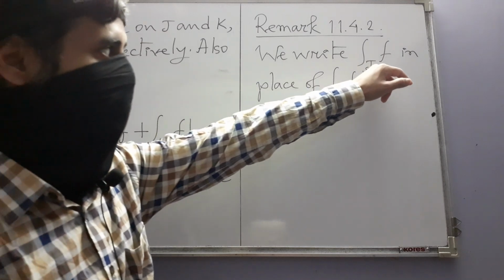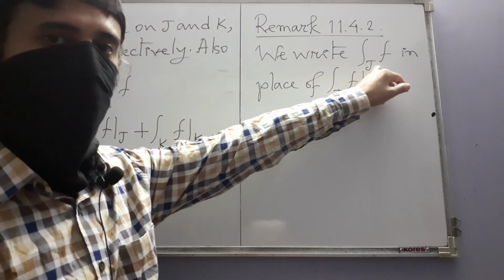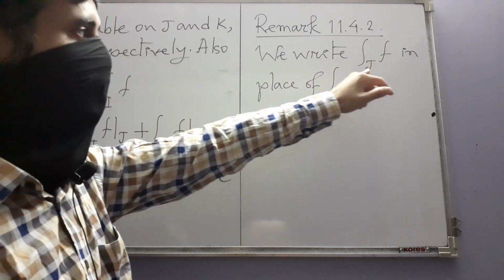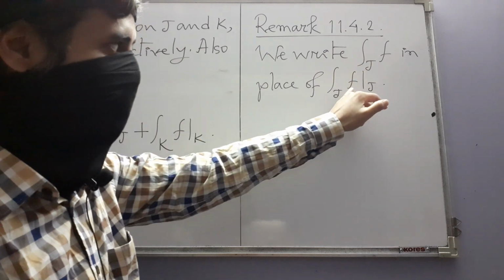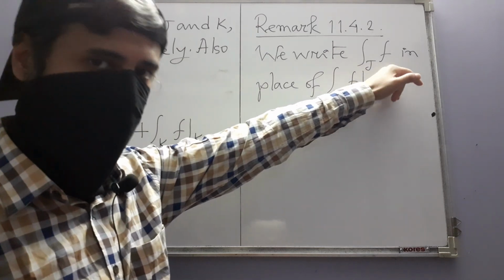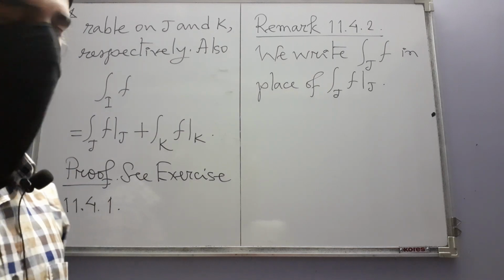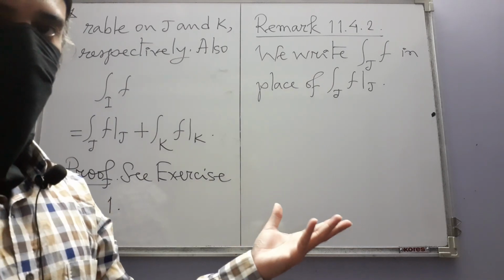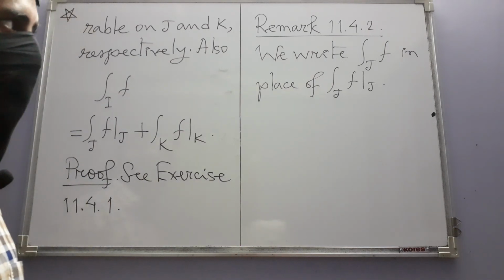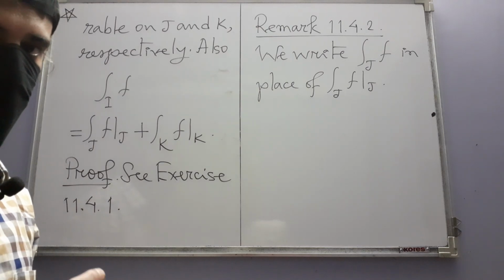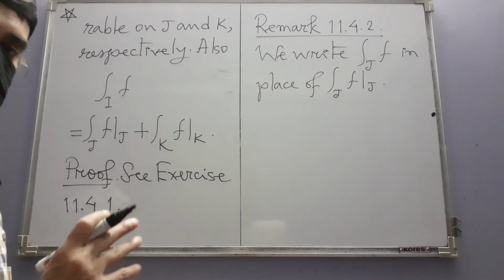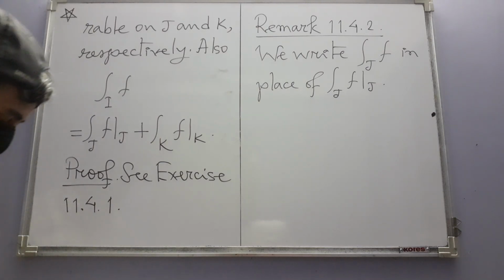But when you are restricting the domain from I to j, it is to be understood that we are actually considering the restriction of the given function f to that smaller subinterval. And there is no possibility of any confusion. And the notation is also made slightly simpler, so that's why we are going to follow this.